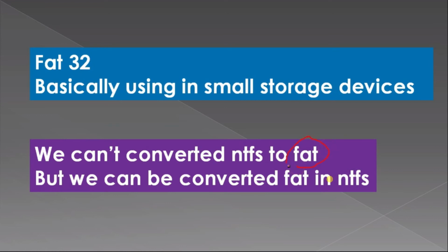That is the big difference, because FAT32 is able to create only 4 GB partitions, but NTFS is able to create 16 TB partitions. FAT32 is basically used for the smallest storage devices, but NTFS is used for the biggest storage devices.